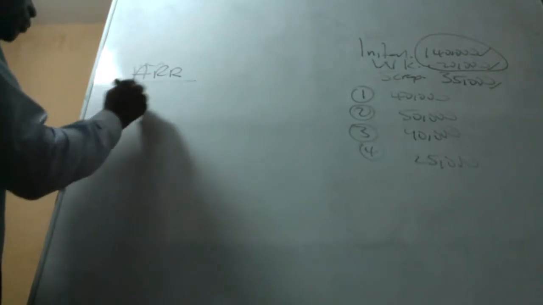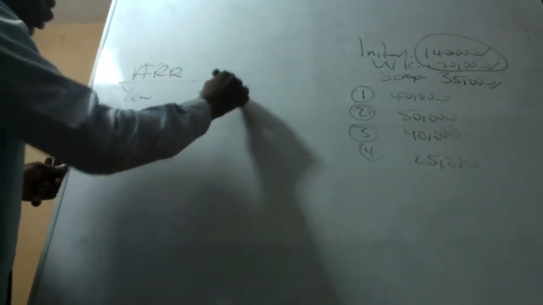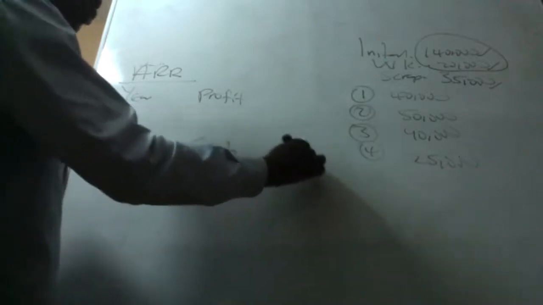ARR. How do you find ARR? We need a year. Our profit, we need profit too, but not cash flow. We need profit, but not cash flow. Please, what's the difference between cash and profit? So cash and what? Profit. Now they have given us what? Cash.